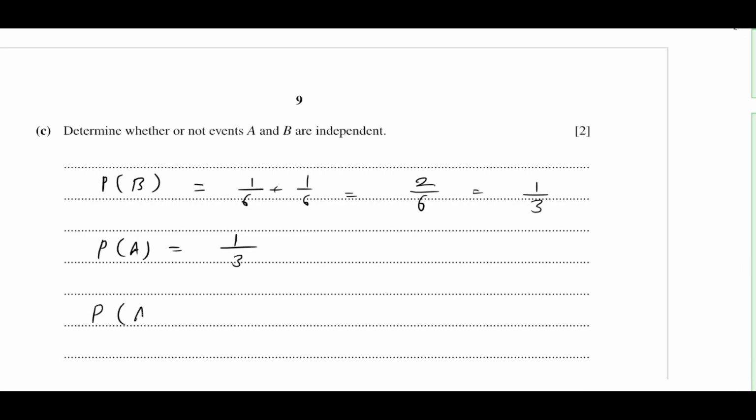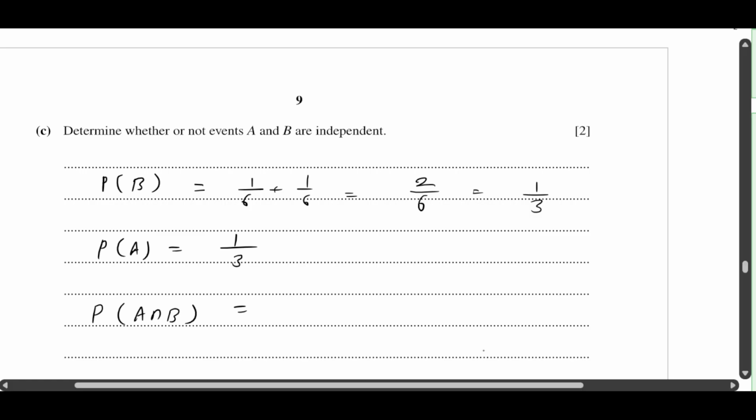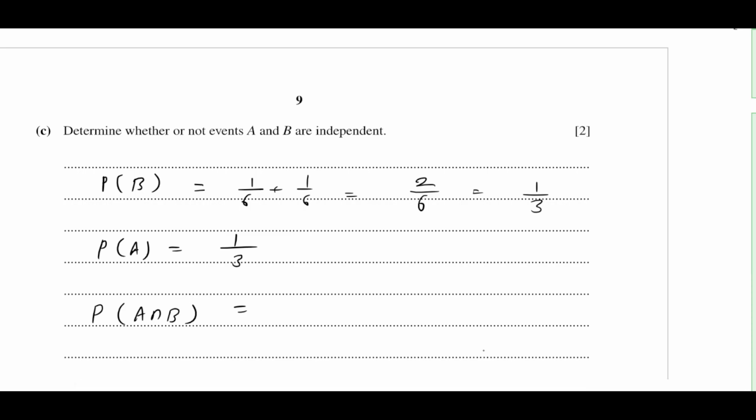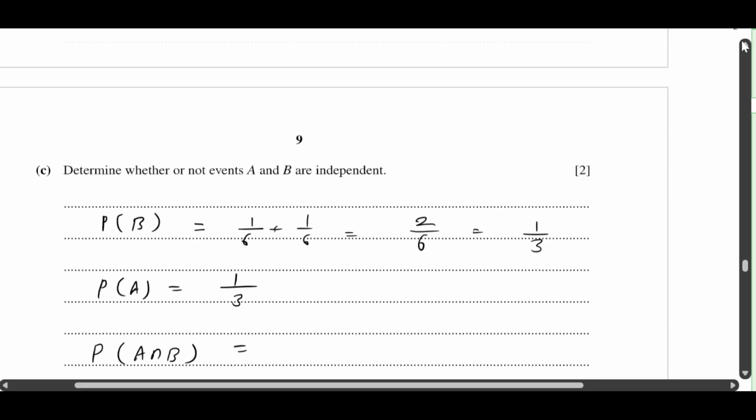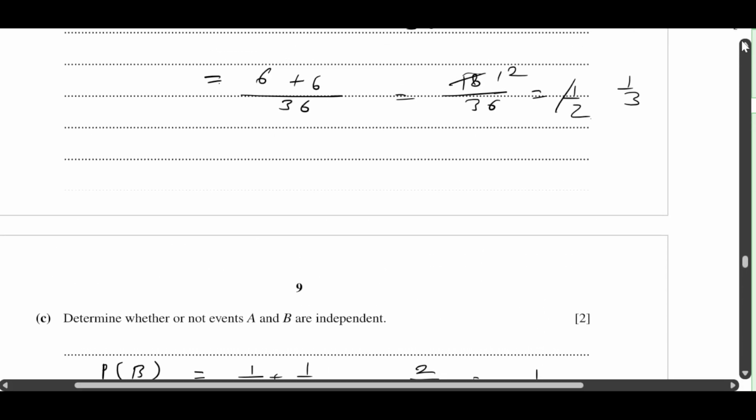And if we see the probability of A intersection B, it means A is also happening and B is also happening. That means I am getting two throws. So in A, I get two throws. How many times? 6 upon 36 times.